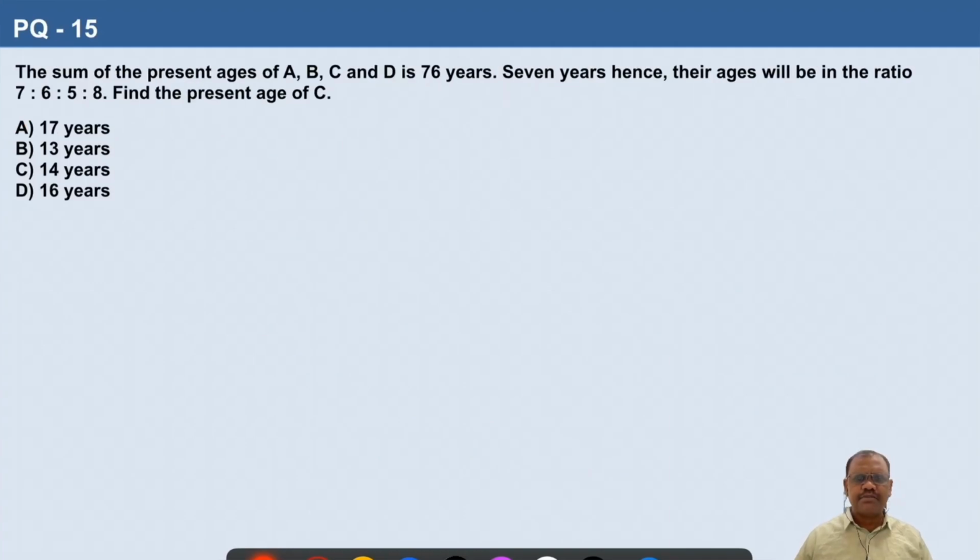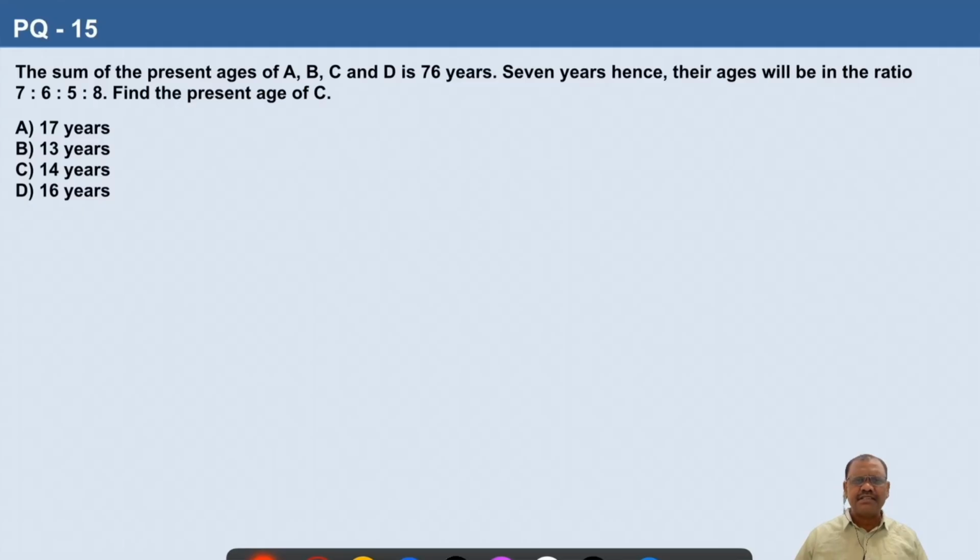Question number 15. The sum of the present ages of A, B, C and D is 76 years. 7 years hence, their ages will be in the ratio of 7 is to 6 is to 5 is to 8.